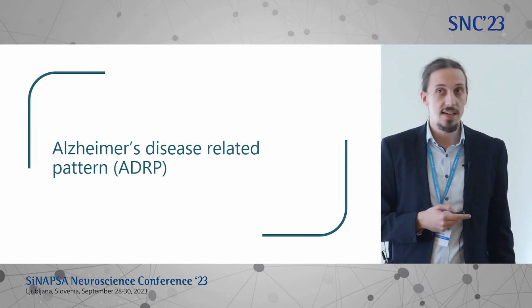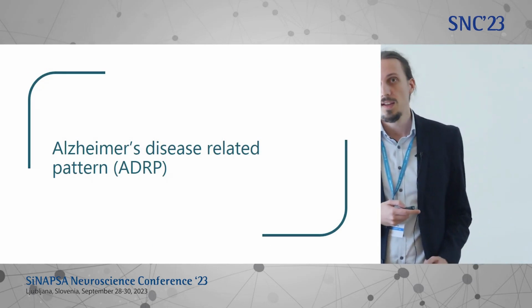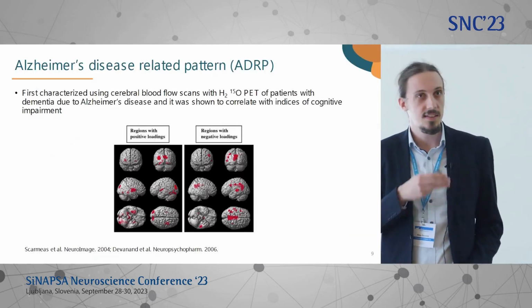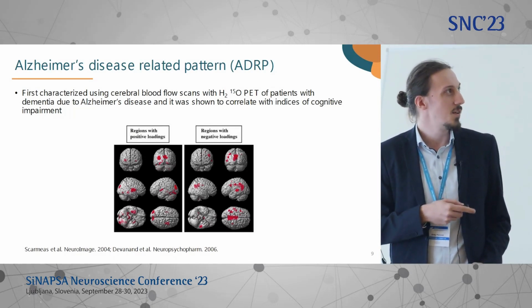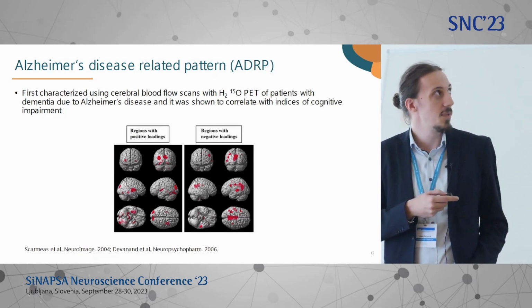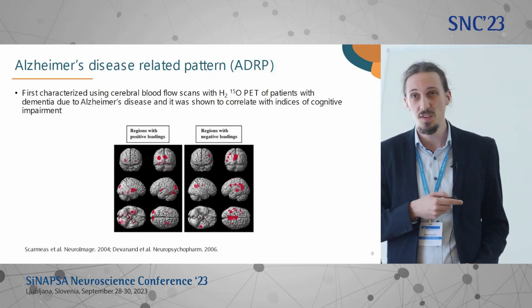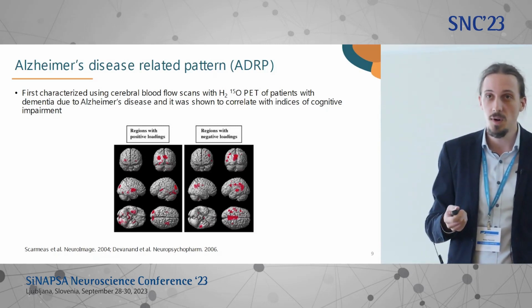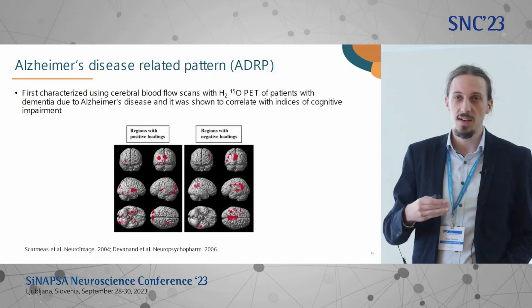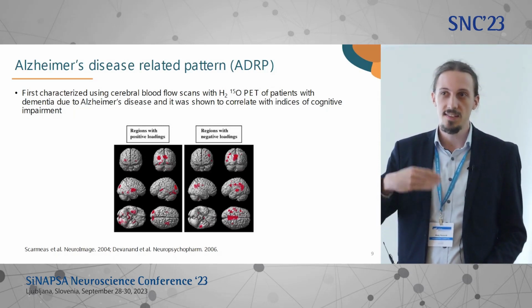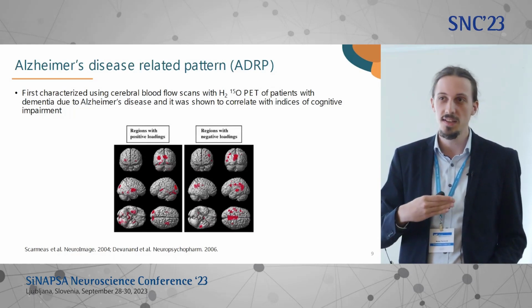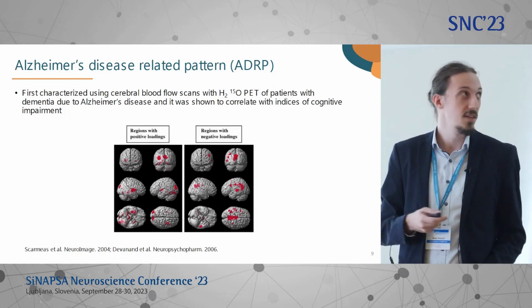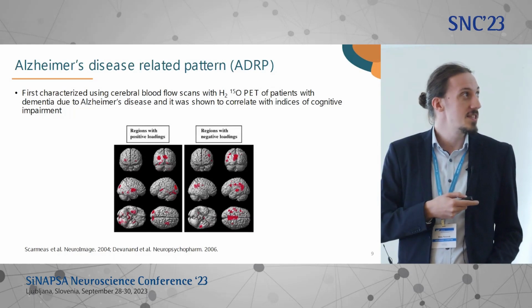First, the so-called Alzheimer's disease-related pattern. This pattern was first identified, as Igor mentioned, years ago, already in 2004, by looking at cerebral blood flow scans with radioactive water. This is a radioligand that needs to be produced on site and injected directly into patients, who then need to be scanned, so it's quite burdensome to obtain these images.